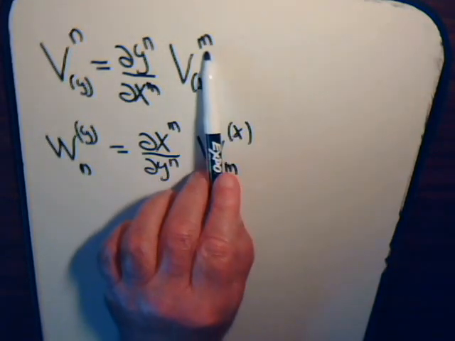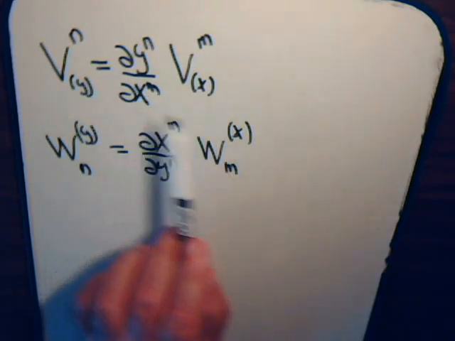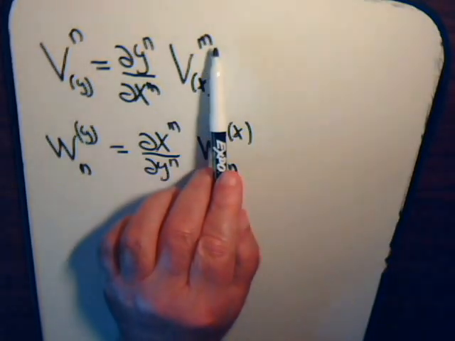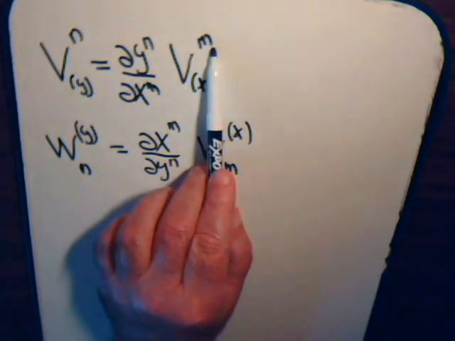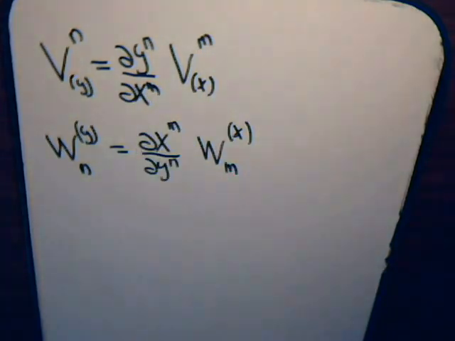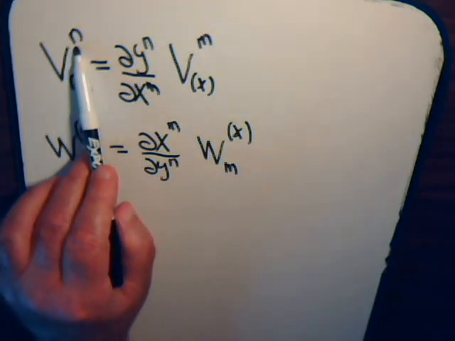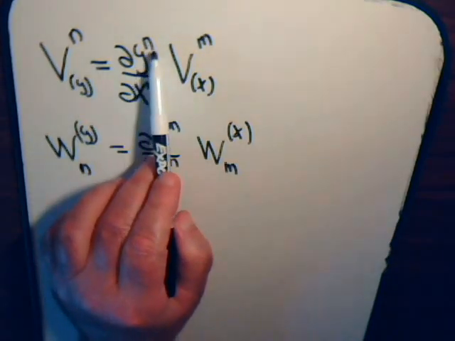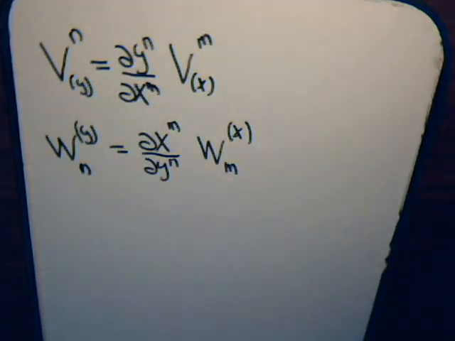Here, this component is a superscript, but now it has to appear in a denominator because this is the vector that has the repeating index component. So if the m is here, then it has to appear in the denominator down here. Here we're in the y frame where the n appears upstairs, so it has to appear upstairs here. So you know that the partial with respect to y is going to be in the numerator.